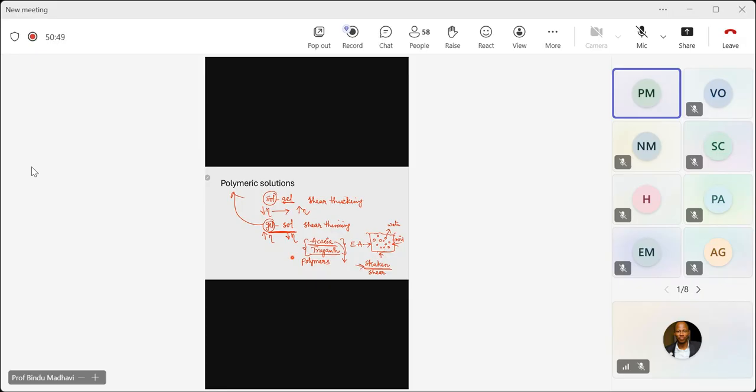Now you have seen the example of hyaluronic acid. With the simple application of force, there is a 1,000 times decrease in the viscosity. If even acacia and tragacanth are going to show the same type of behavior, then there will be a problem with the stability of the emulsion.